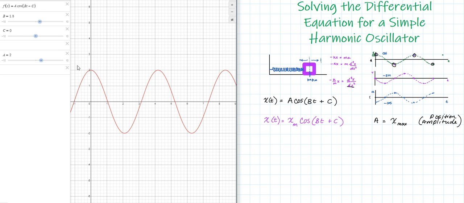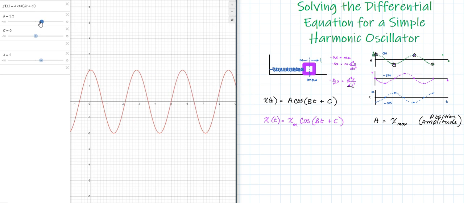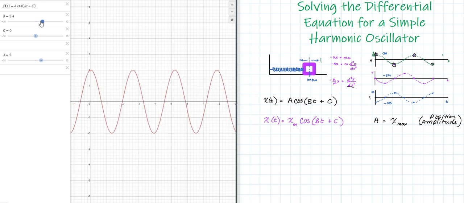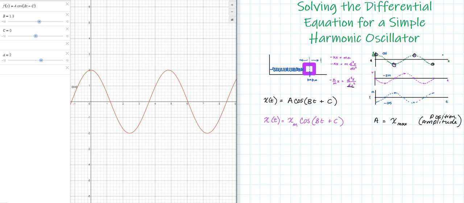So maybe 4 seconds. It takes the block 4 seconds to get back to where it was when I first started. So I know that this has something to do with the period, and something to do with completing a 2 pi radian cycle. Let's take a look at what B could actually represent in this equation.